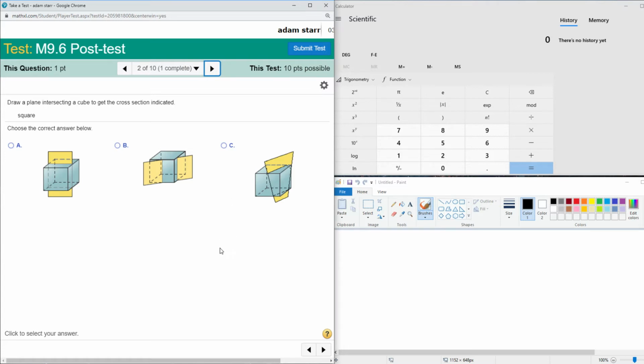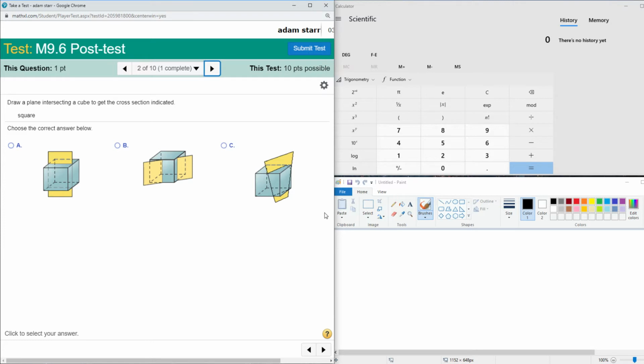This question's asking about cross-sectioning a cube for me to get a square. If I look at what's getting cross-sectioned here, there's no way this is going to make a square. These are not equal sides. I'm not going to be able to cross-section a square here.